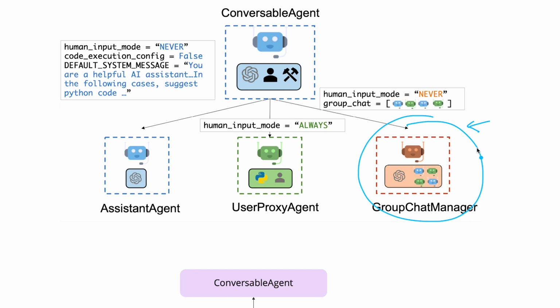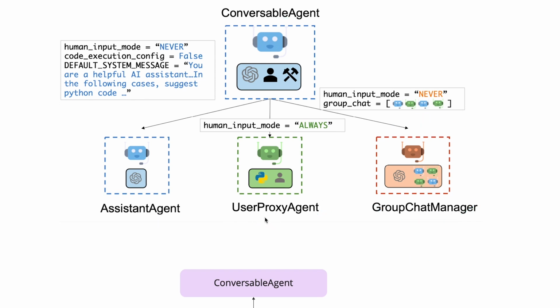Let's say you would want to invoke agent 1, and based on agent 1's response, determine whether you need to call agent 2 or agent 3. This is more like a structured collaboration, and that's when you need GroupChatManager, which acts like an orchestrator here. But let's not worry about GroupChatManager. It does not extend from ConversableAgent like AssistantAgent and UserProxyAgent.